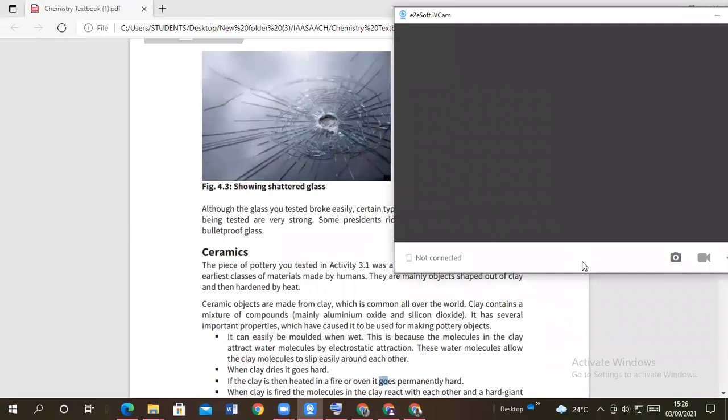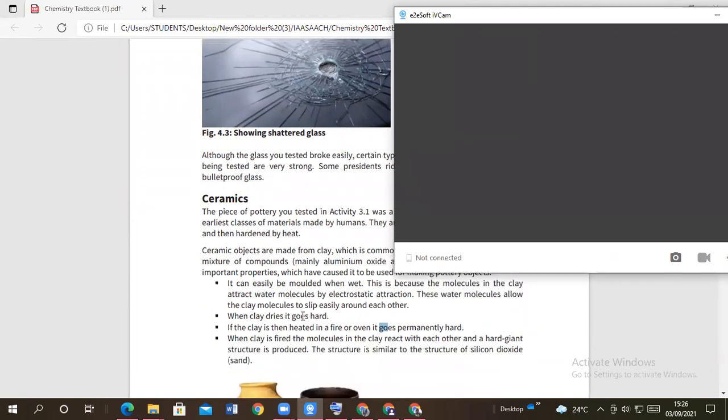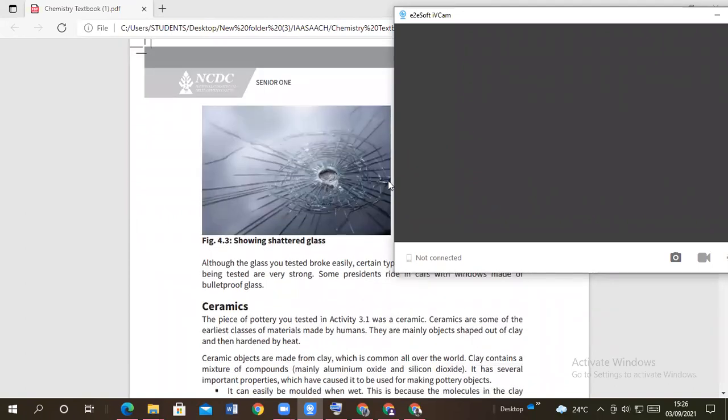clay is fired. When you burn clay, the molecules attract each other, come closer to each other and form a giant what? Structure. Now, if you put fire on glass, what will happen to glass? What happens to glass when you heat it?